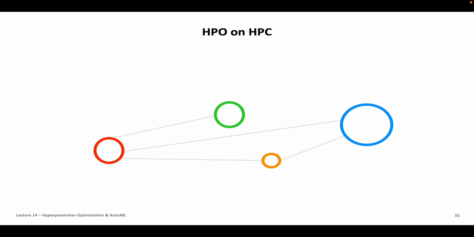Okay, now for the final part on doing hyperparameter optimization on HPC. We have already seen that methods like ARSHA are very scalable in a parallel computing setting, for example, on HPC systems. But when you are on an HPC system and want to run HPO for some machine learning model, there are actually some choices you need to make.